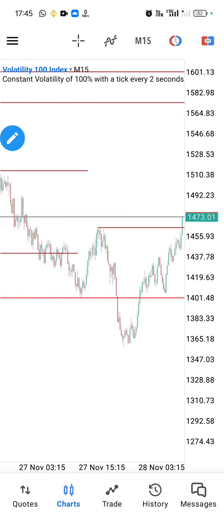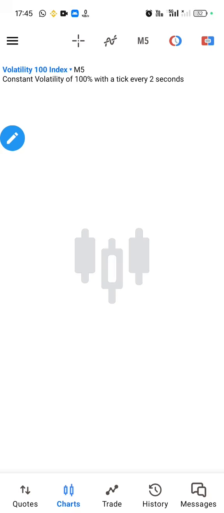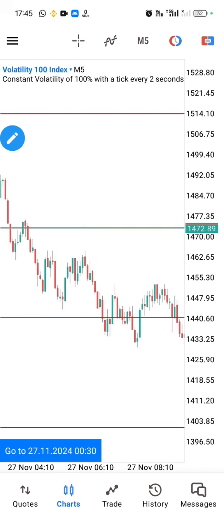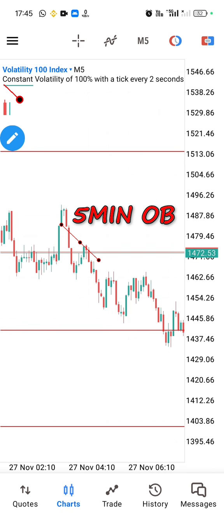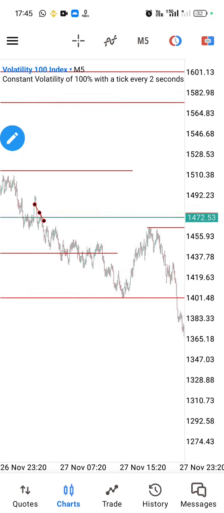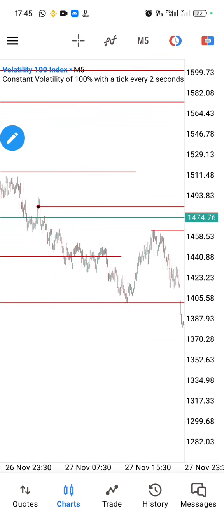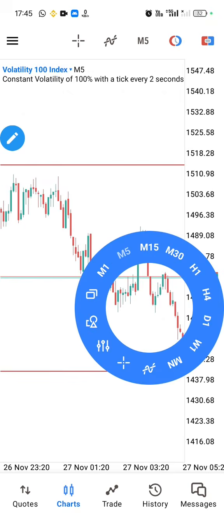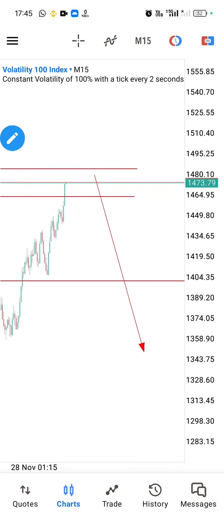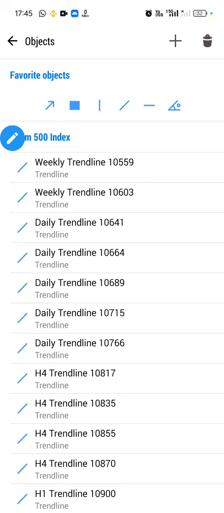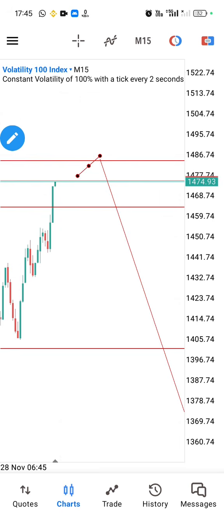So right now we're raiding that high, and specifically I think we have to sell at the 5-minute order block. From the 30-minute order block that's above that high, inside there is the 5-minute order block, and that's where we're going to be selling and dropping down with it.